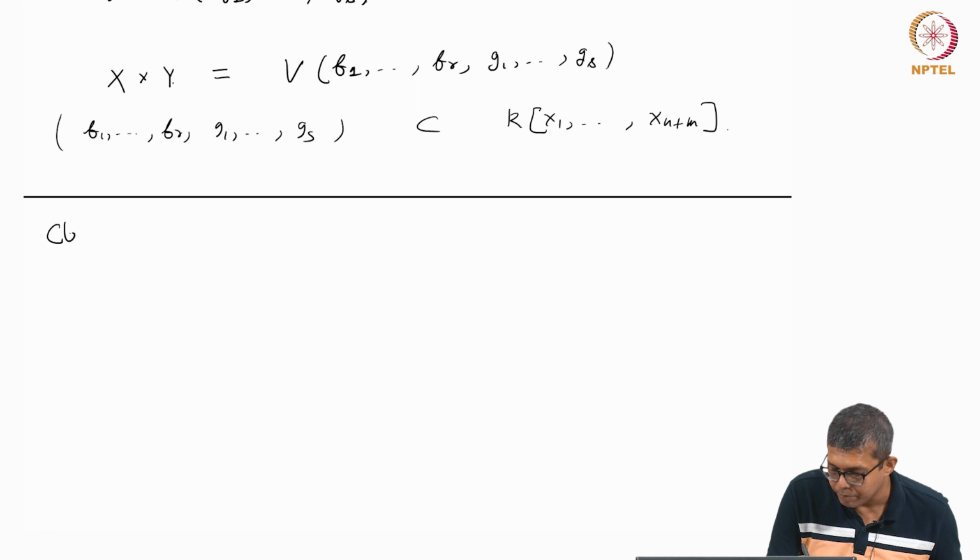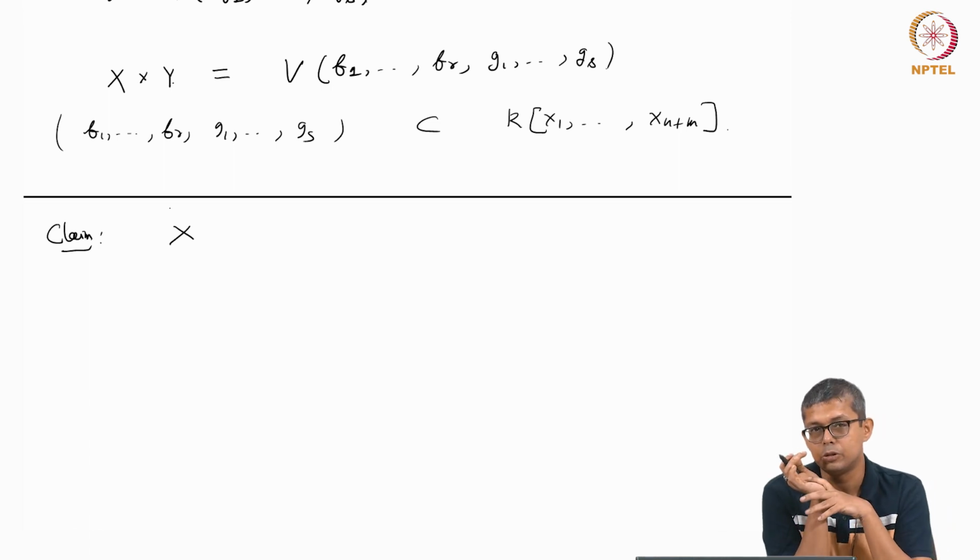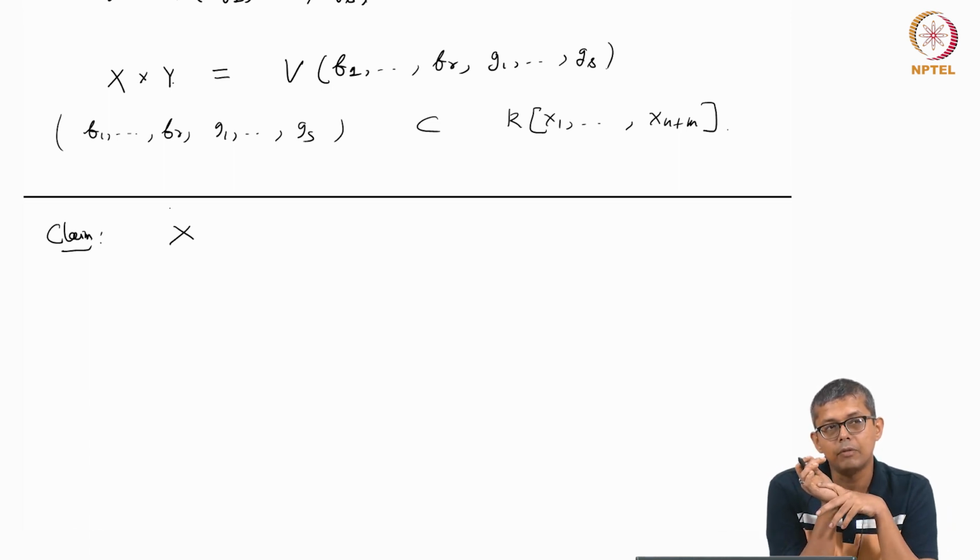So first claim. To show that this is an affine variety, I have to first prove that it is irreducible. X and Y are irreducible closed subsets.